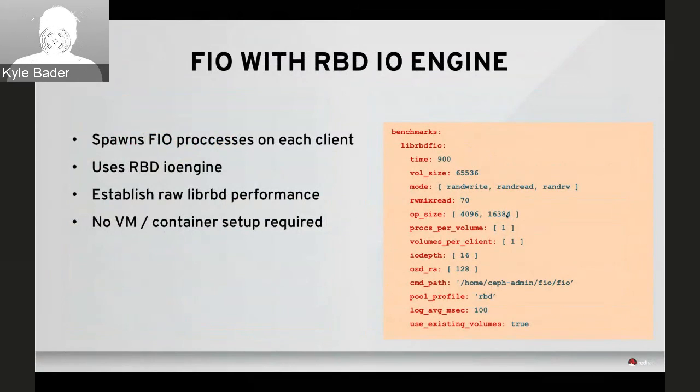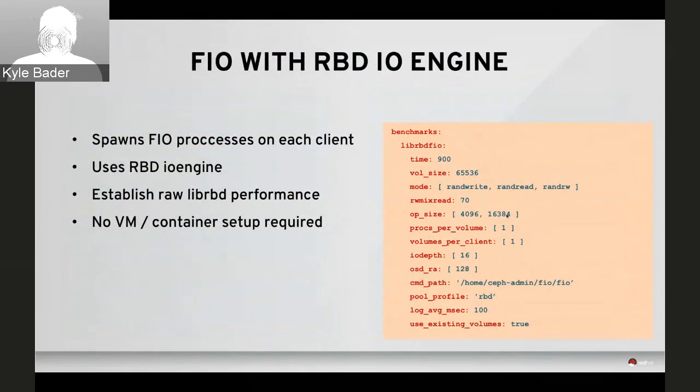As long as you have the admin keyring, it'll be able to create the volumes and stress them with FIO. It kind of has the whole gamut, and this isn't an exhaustive list of the things that it can pass to FIO. So if you're accustomed to running FIO at all, a lot of these will look familiar.